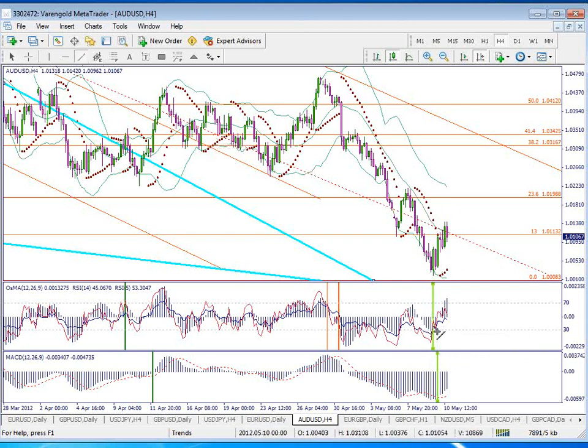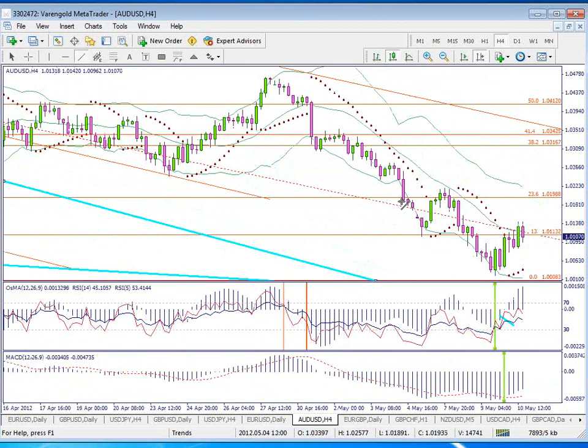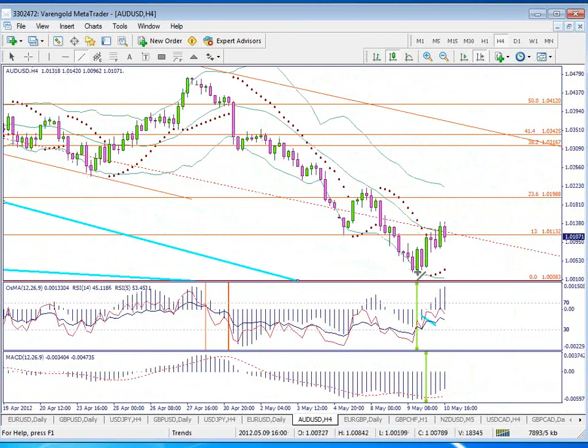Maybe this one was the second point here when we had a chance to go into one buy. So it was one chance here when we had the signal, and the second one on this green candle.